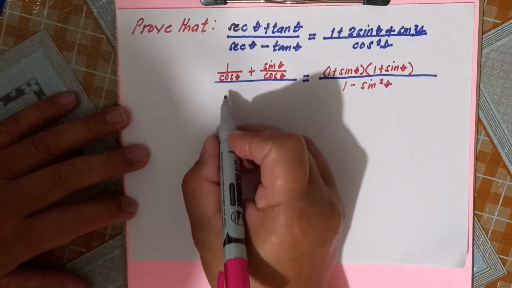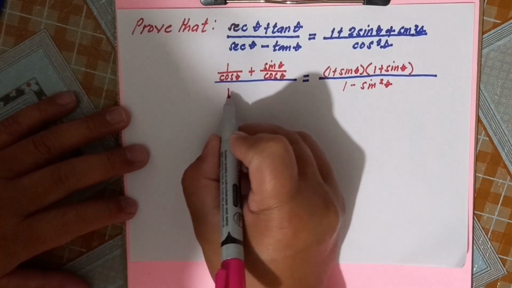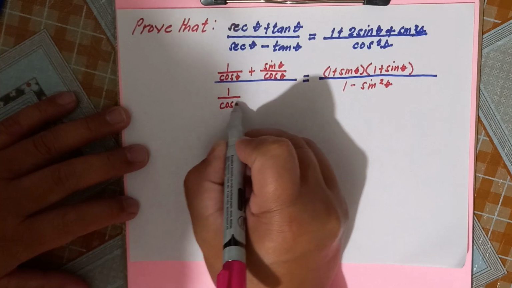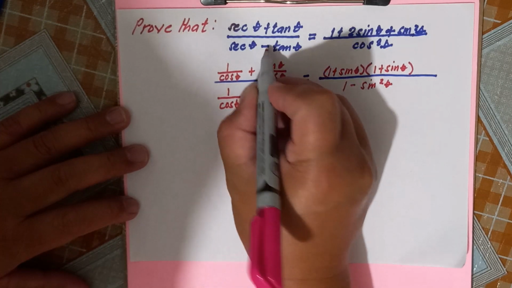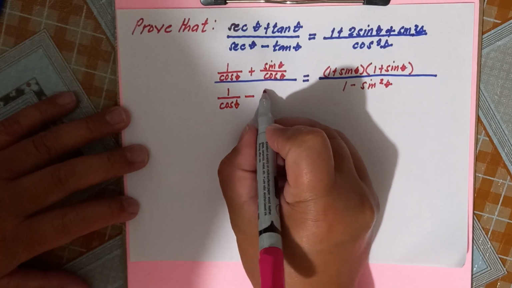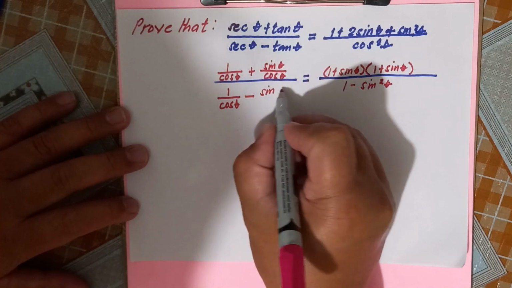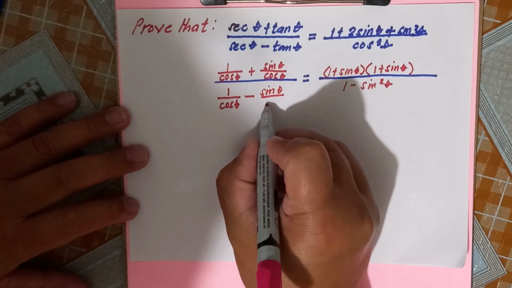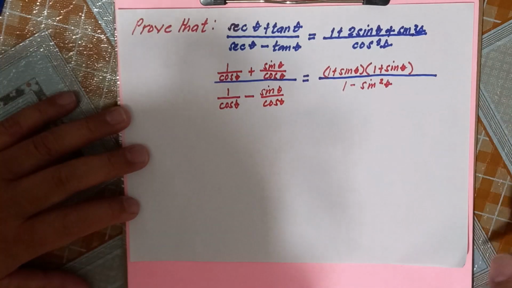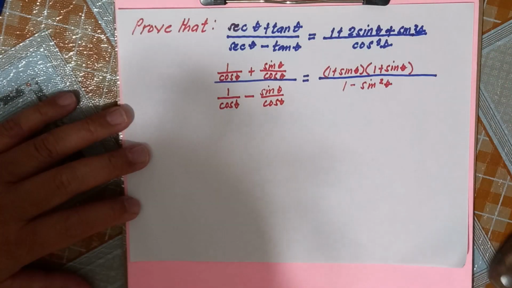What about the denominator? Same. Secant theta is the same as 1 over cosine theta, minus tangent theta, which is still sine theta over cosine theta. So that is the left side.